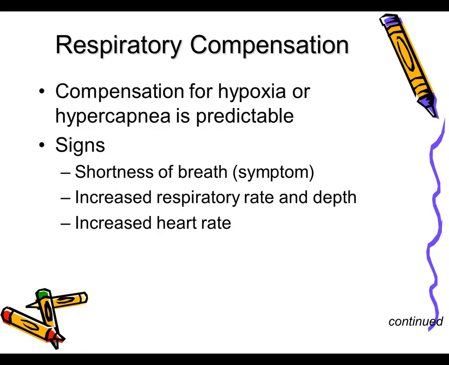Whenever you've got one of those things that causes a compromise in respiration, something that affects the mechanics, something that affects the blood flow, something that affects the exchange, then you're going to become hypoxic and hypercarbic.